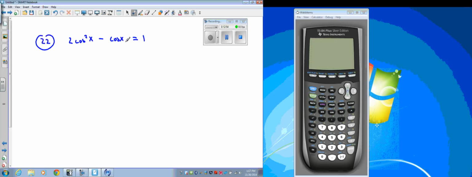Move the 1 over here and get 0 by itself. And then that one, you try trial and error, right? Yeah.